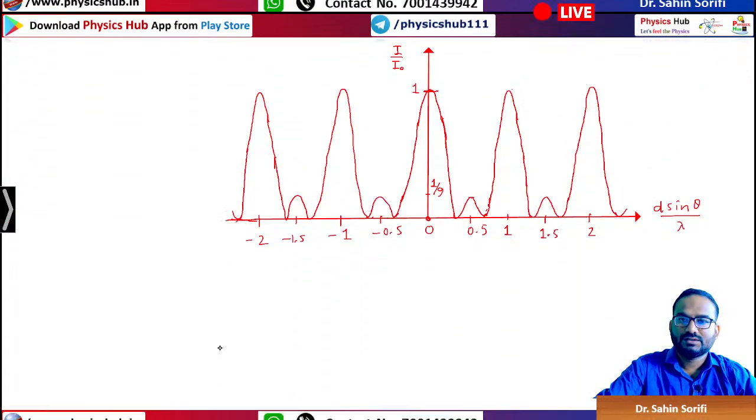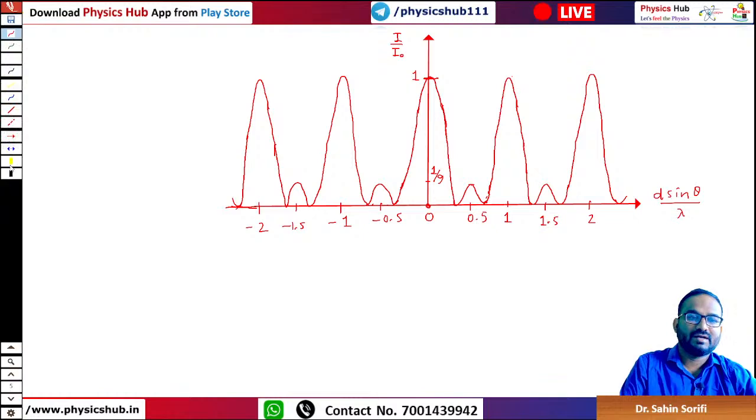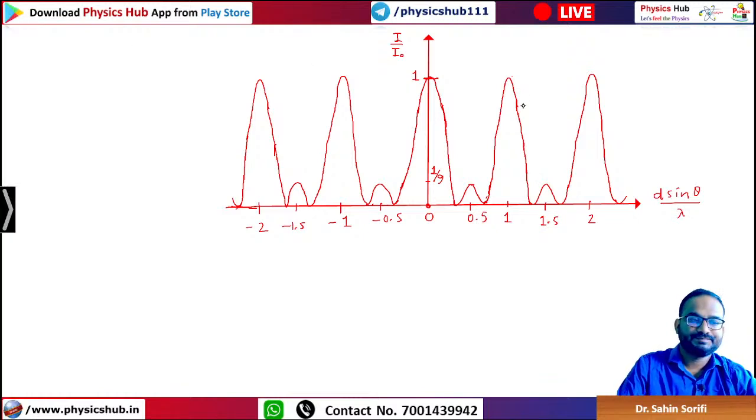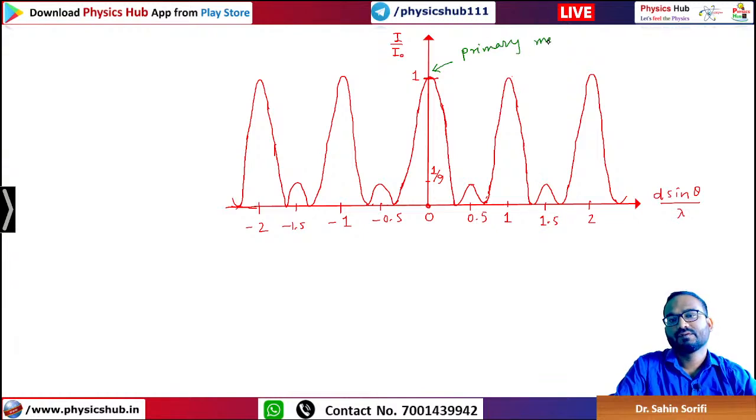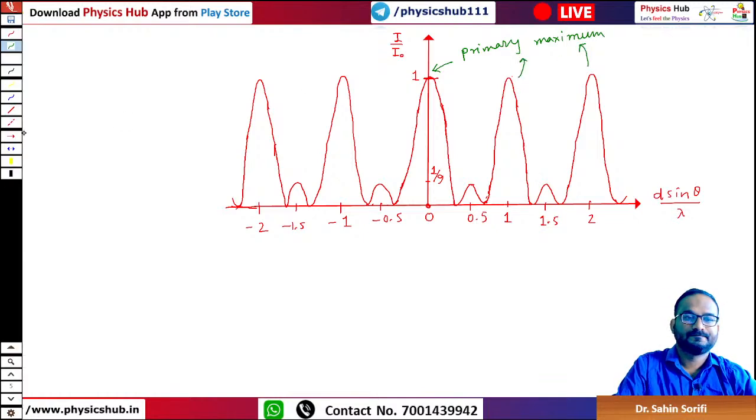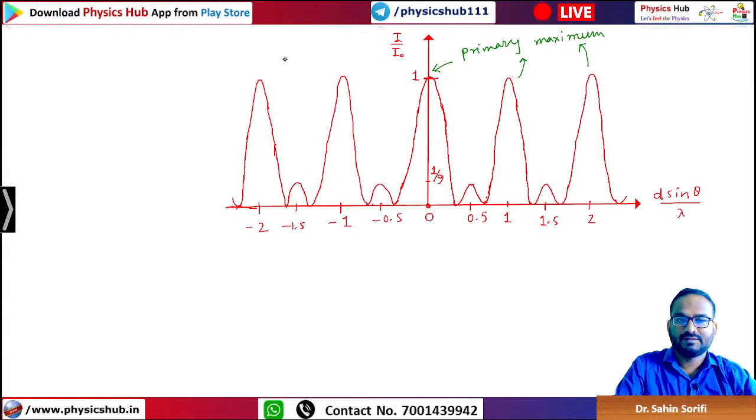So, understood the concept of primary maxima and secondary maxima. So this is your primary maximum, and these are your secondary maxima.